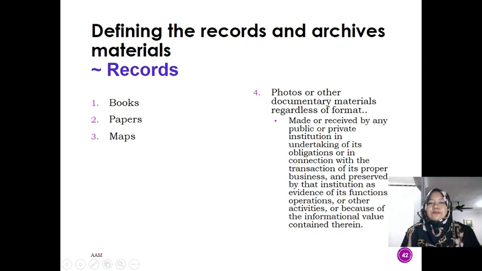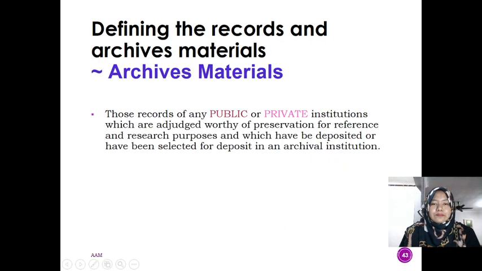Defining records and archive materials. Records may be books, papers, maps, photos, or other documentary materials regardless of format, made or received by any public or private institution in undertaking its obligations or in connection with the transaction of its proper business, and preserved by the institution as evidence of its functions, operations or other activities, or because of the informational value contained therein.